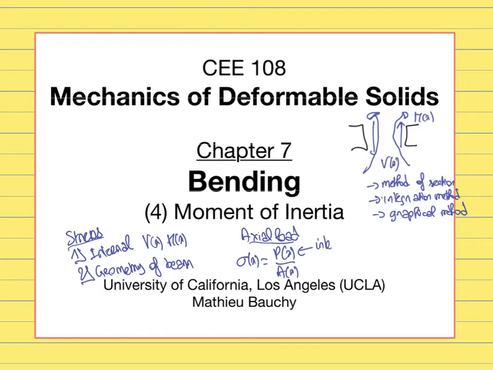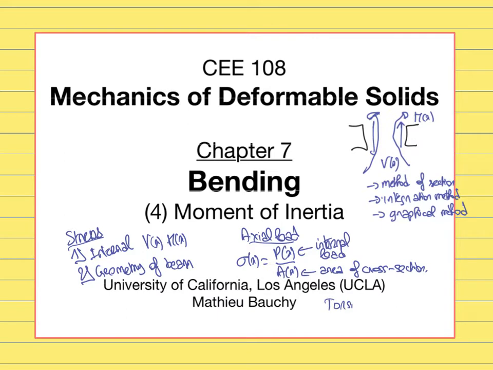You have the internal load, because if you have no load, you have no stress, but the area of the cross section is also an important property, because depending on whether this area is large or small, the internal load is going to be distributed over a small or a large area. This is going to affect the stress, and if it affects the stress, then it affects the propensity for the beam to break.